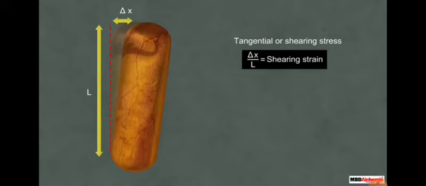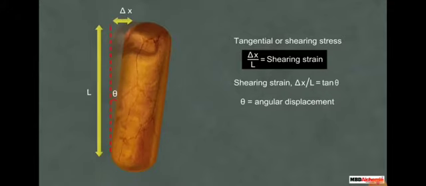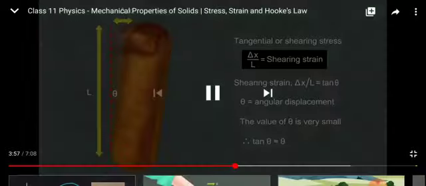The ratio of the relative displacement delta x to the length of the cylinder is known as shearing strain. The expression for shearing strain can be written as delta x upon L is equal to tan theta. Here, theta is the angular displacement of the cylinder from the original vertical position. Generally, the value of theta is very small. Therefore, tan theta is nearly equal to theta.